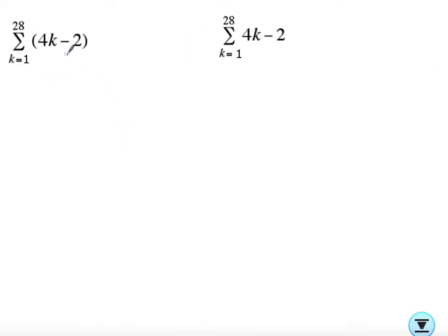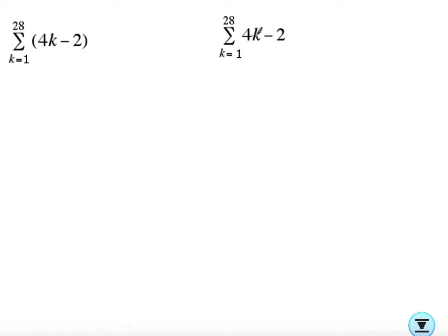Again, this is to my point earlier when there's parentheses versus no parentheses. So in this problem, I would be doing the 4k minus 2. All of that, like plugging in a 1 into 4k minus 2, then plugging in a 2 into 4k minus 2, all the way up to 28.